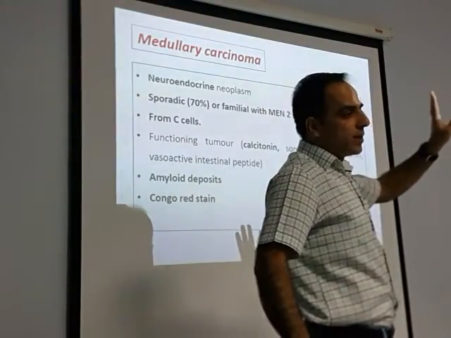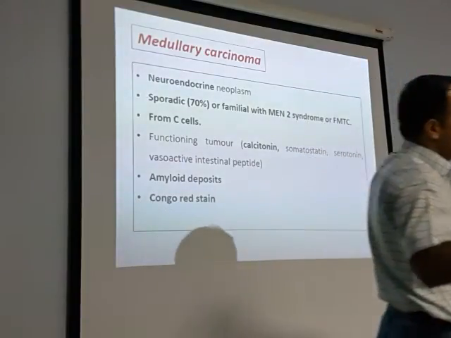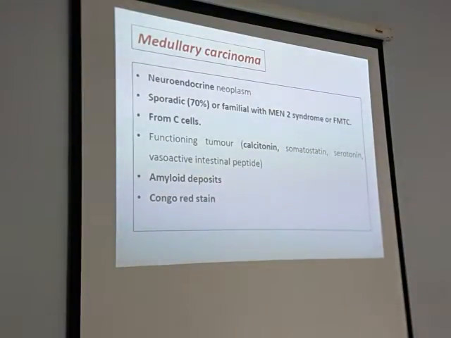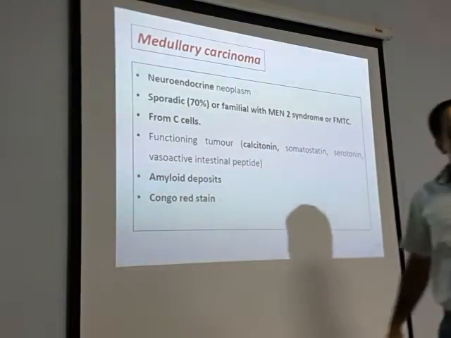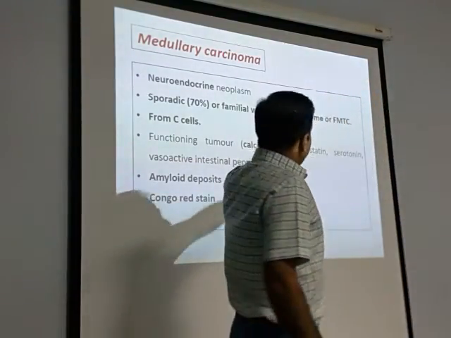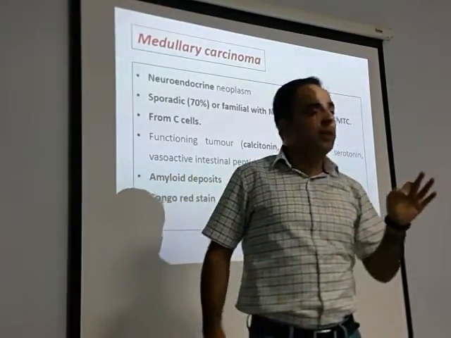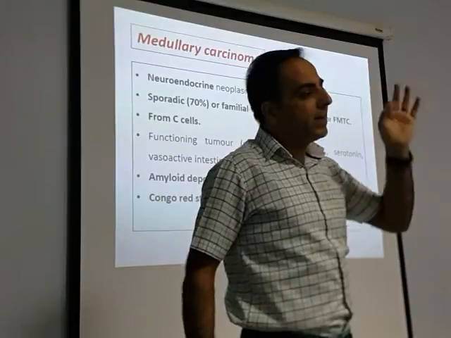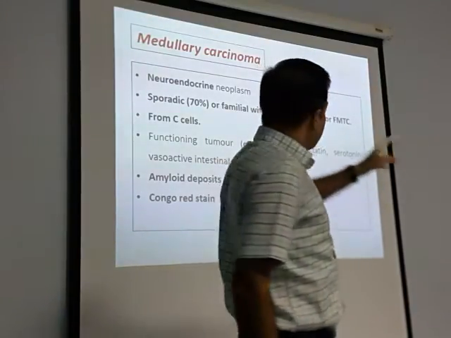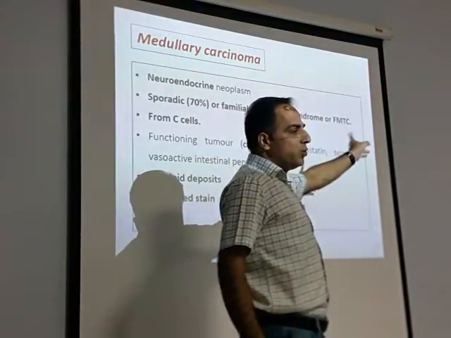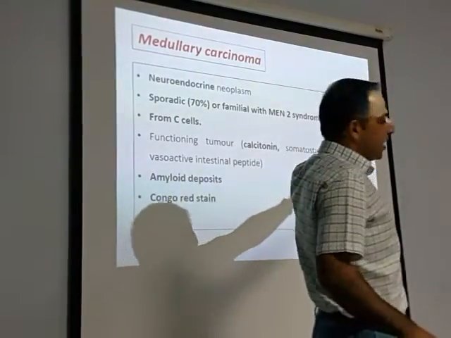We will tell you what these are. These are syndromes which are associated with many malignancies. There is MEN1 syndrome, MEN2A, MEN2B syndrome, and it may be also associated with FMTC, familial medullary thyroid cancer syndromes. So these are two familial syndromes, MEN2 syndrome and FMTC syndrome.